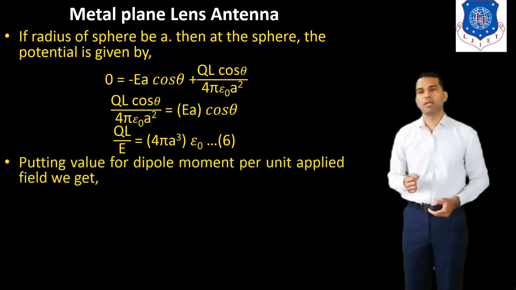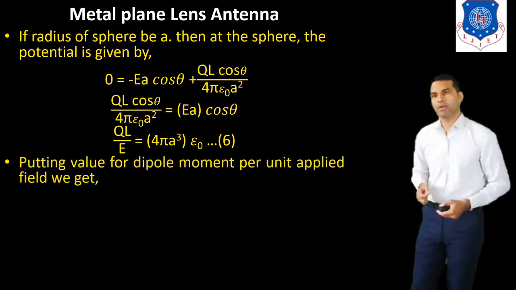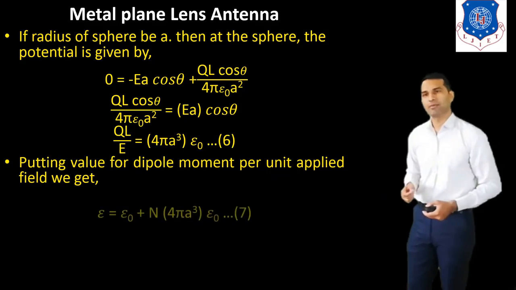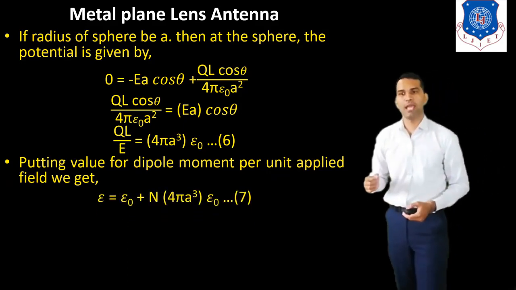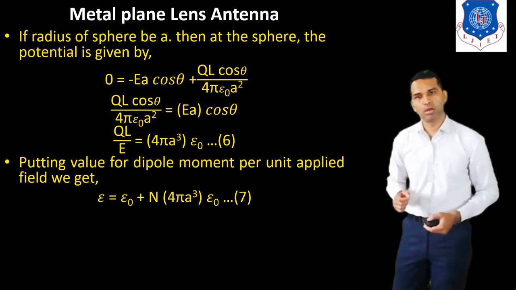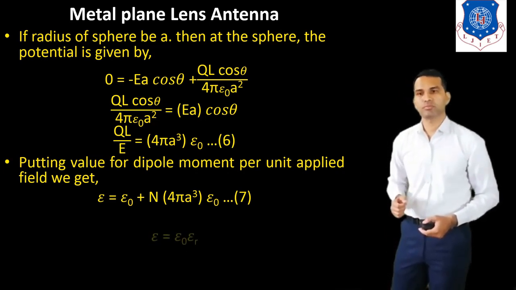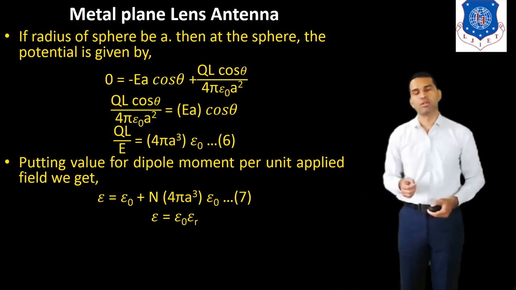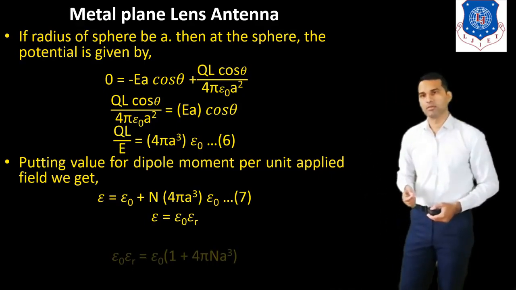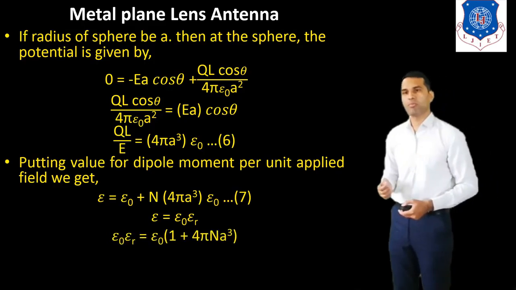Now putting the value of the dipole moment per unit applied field, we get epsilon is equal to epsilon 0 plus n 4 pi a cube into epsilon 0. Here epsilon is nothing but epsilon 0 into epsilon r. We know that, so we use this property.